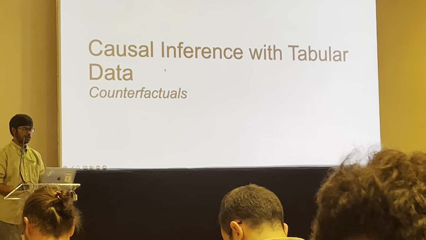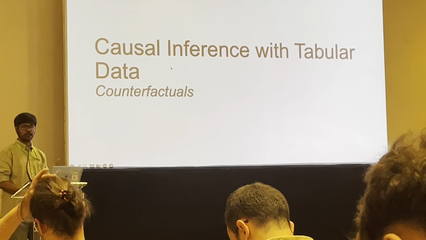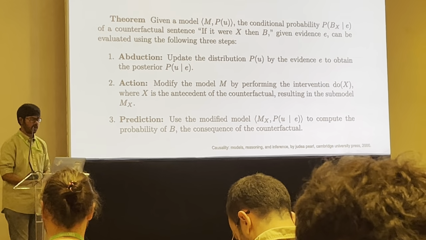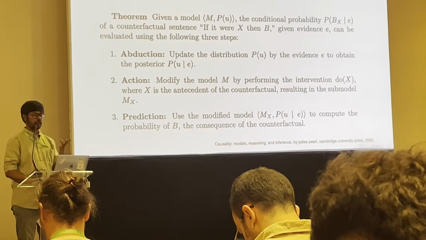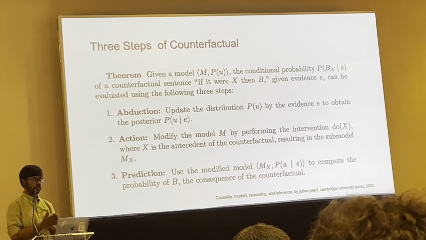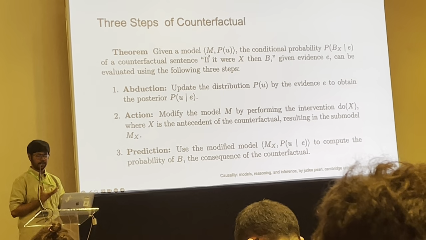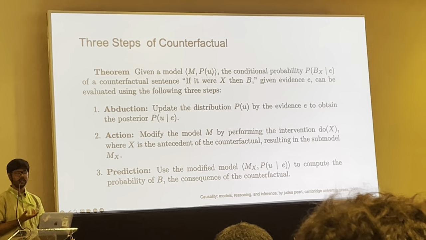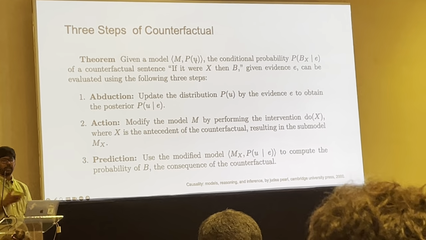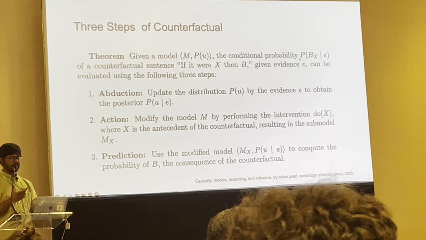Okay, so now let's move on to the same topic, but for counterfactuals. What does it mean? We know that there are three steps of counterfactuals in Pearl's hierarchy. Suppose we are given a model M, a structural causal model, and P of U, the distribution of the exogenous noise, and we want to estimate this quantity.